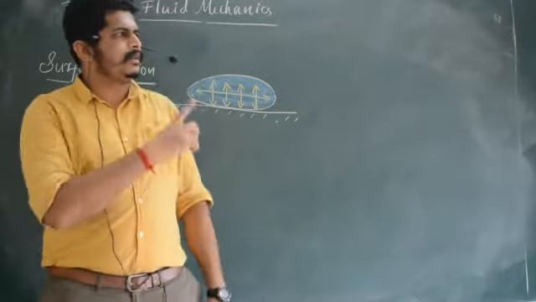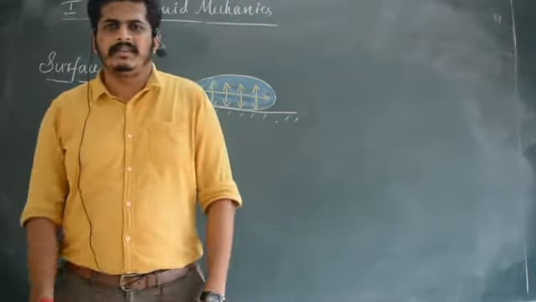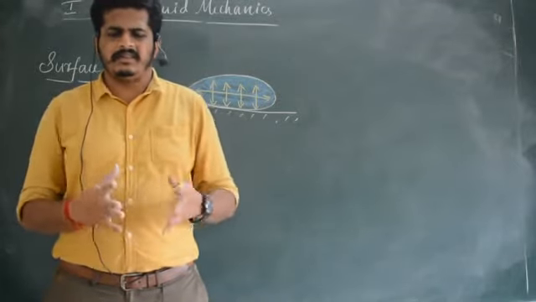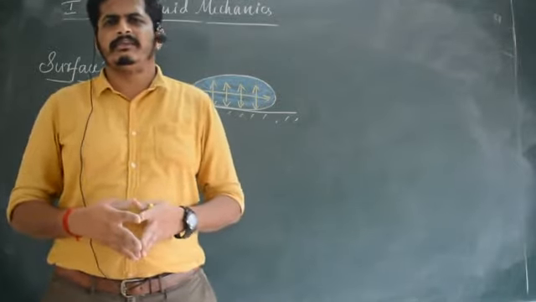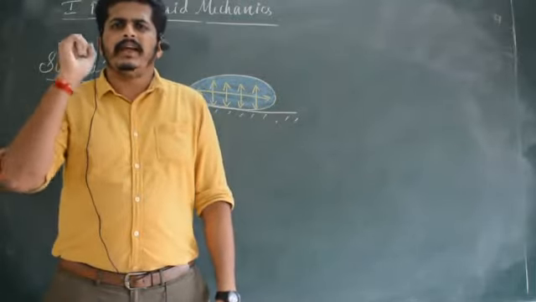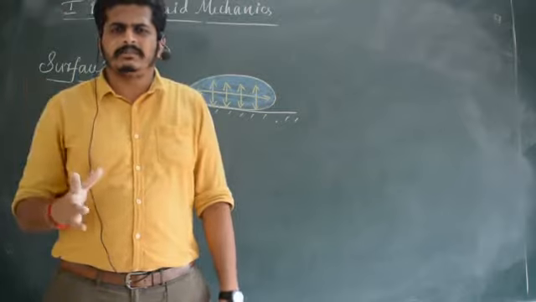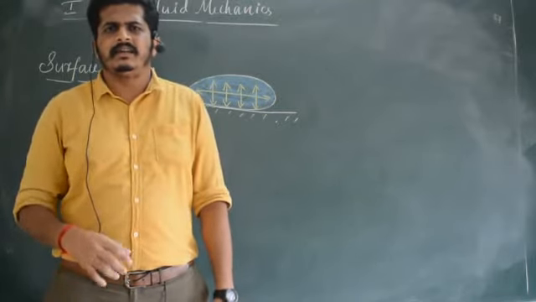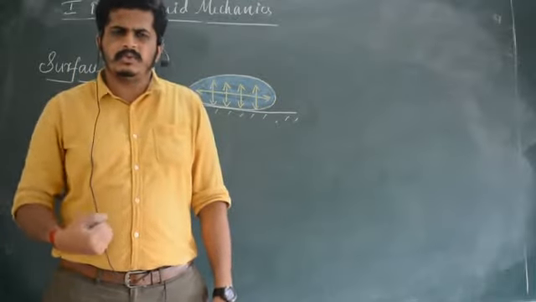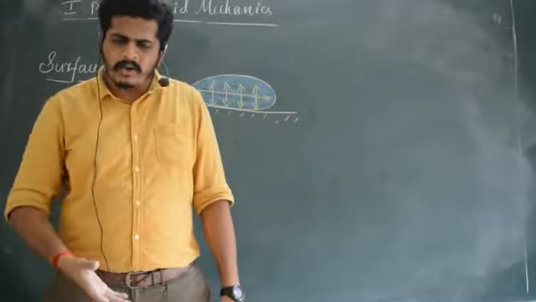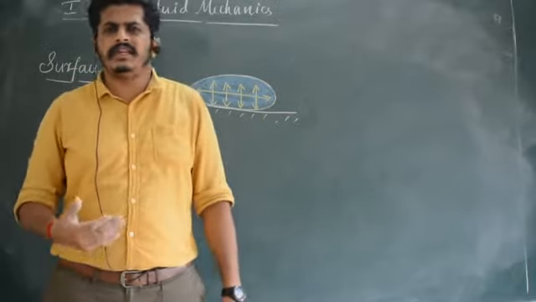Which one? The concept of surface tension. Surface tension, now we are discussing in what case? In the case of liquid or fluid mechanics. But everything, solids, liquids, whatever, it's a natural tendency in the universe that every object tends to attain the minimum surface area, okay?